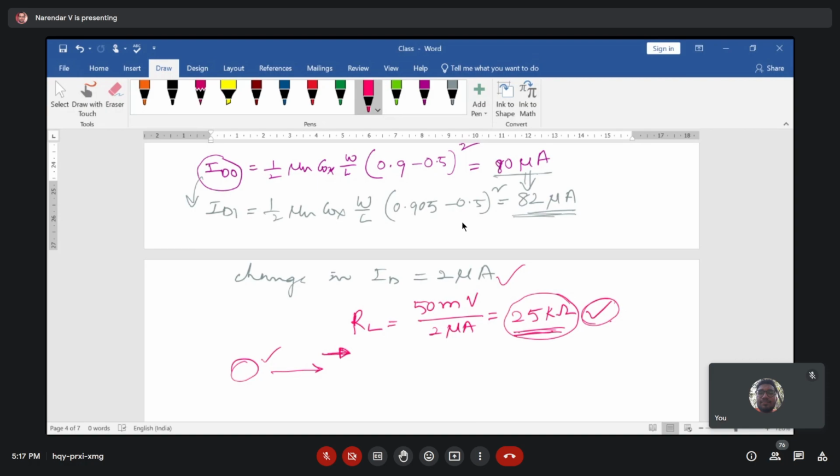So these three attempts tell us that biasing is an important criterion, so that you can bias a transistor above the threshold voltage, so that we have a higher current and less requirement of load resistor to obtain a desirable amplification output.